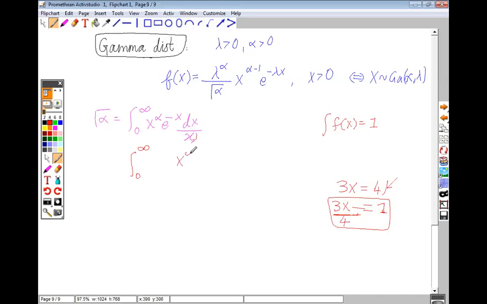So I can write it as x raised to alpha minus 1, and I will have my e raised to minus x as usual, upon gamma alpha, dx. Does this make sense? Because I'm integrating, I write integration of f of x dx, just for completeness, right?